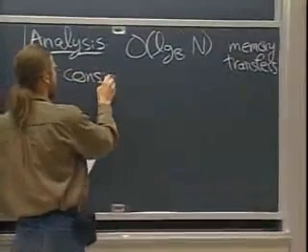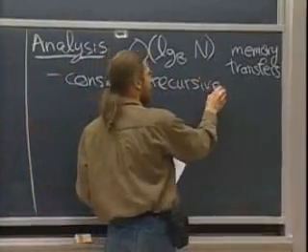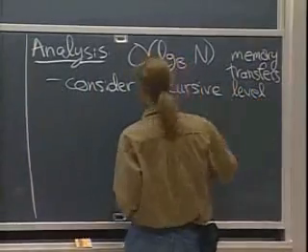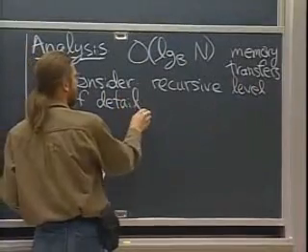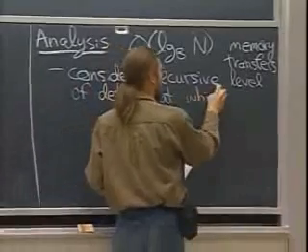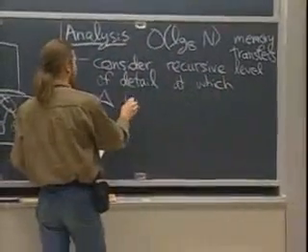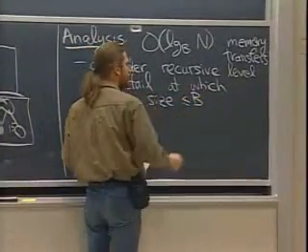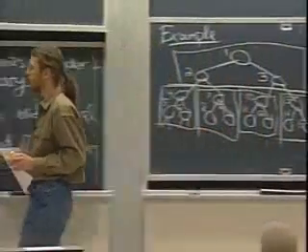So I'm going to call this a recursive level. I'm imagining expanding all of the recursions in parallel. This is some level of detail, some level of refinement of the trees, at which the tree you're looking at, the triangle, has size, in other words, the number of nodes in that triangle is less than or equal to b. Okay, so let me draw a picture.